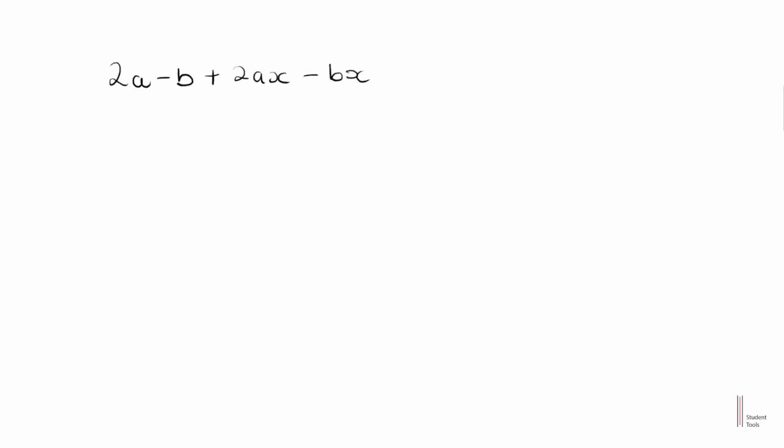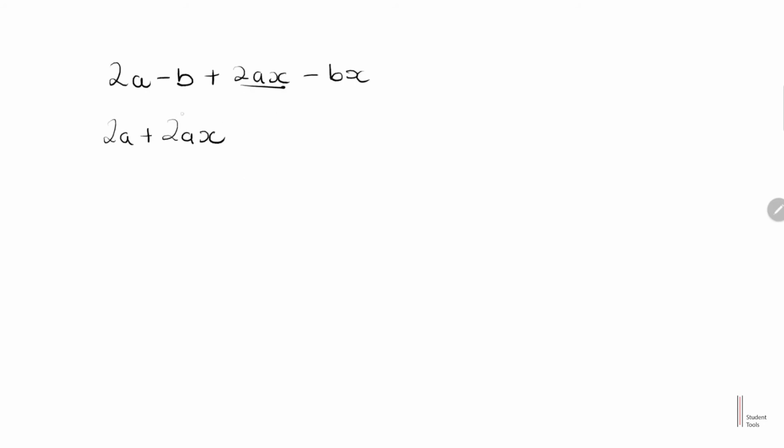I want us to rearrange this expression first so that we can factorize. We will have two groups. We will have this term 2a and plus 2ax, this one. That will be the first group.